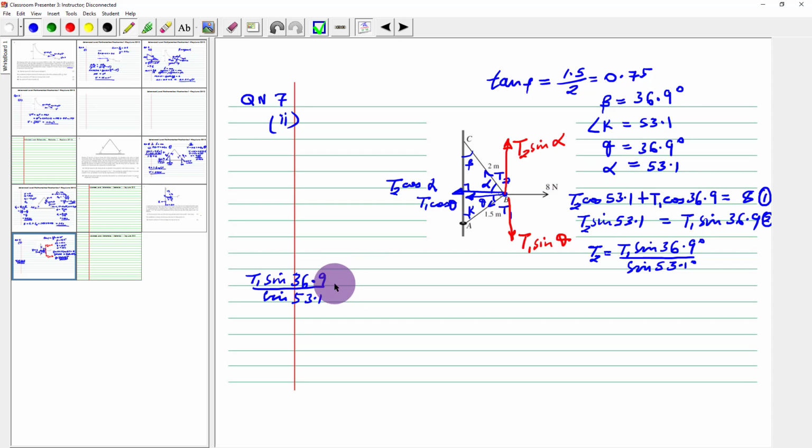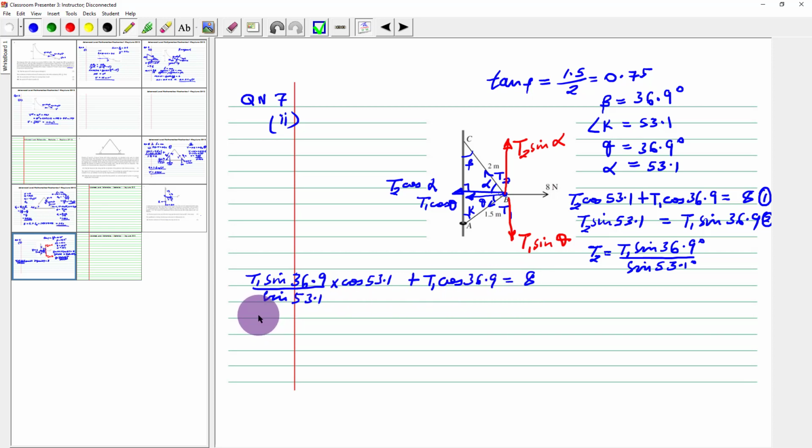T2 times, there is of course cos 53.1, plus T1 cos 36.9 is equal to 8. And now from this expression I can calculate T1.